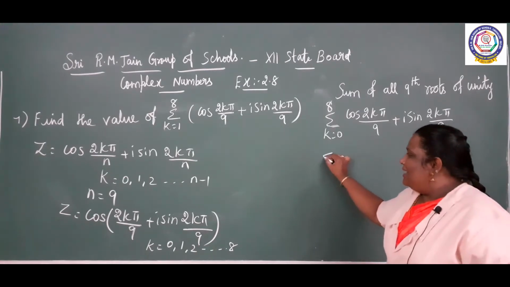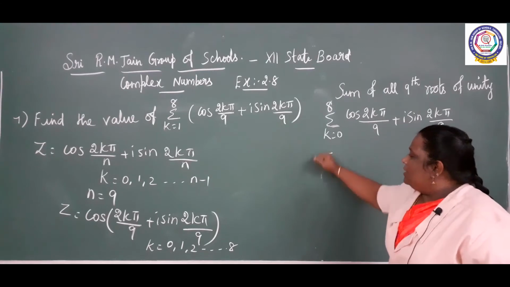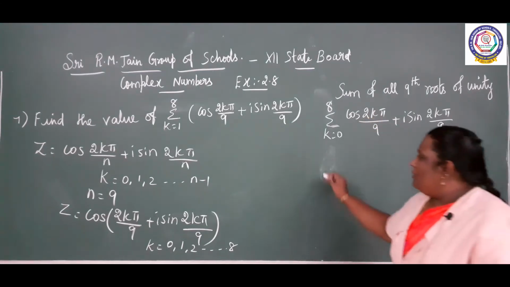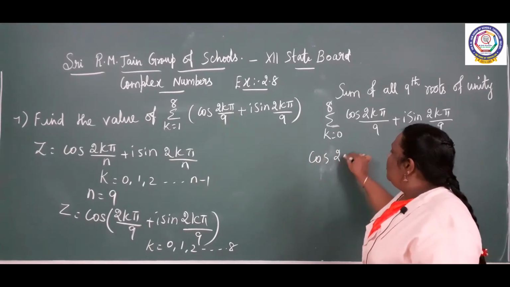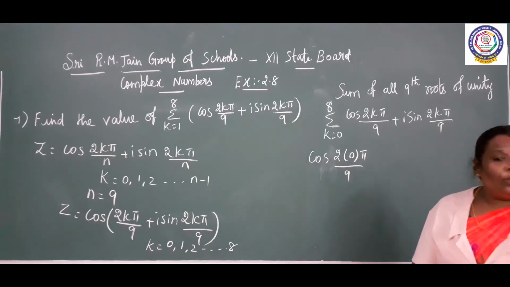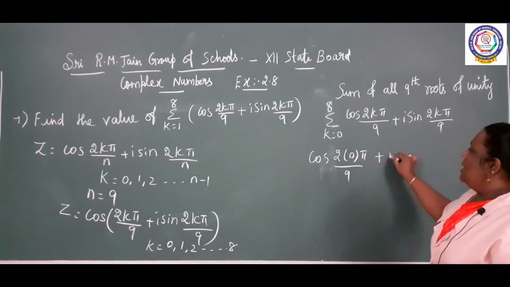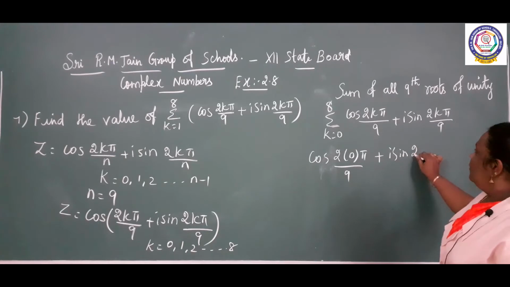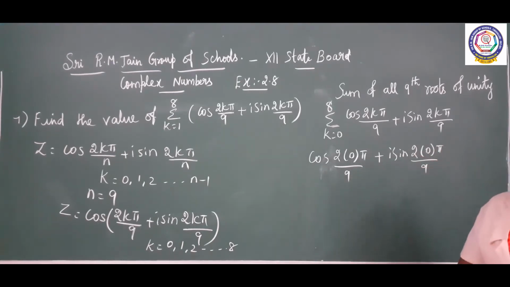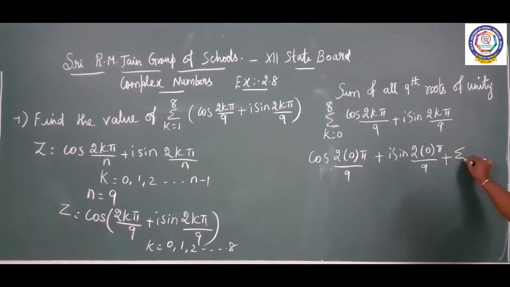See here, first you can substitute k equal to 0. K equal to 0, what value are you getting? Cos of 2 into 0 pi by 9 plus i sin of 2 into 0 pi by 9. What is the next value for k? Is it 1? So you will write sigma k equal to 1 to 8, because I substituted 0.